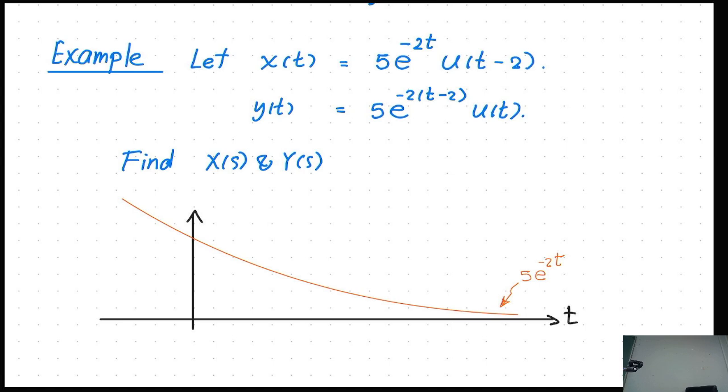So we locate time 2, let's say it's here, and the graph of x should be this orange line. Now this is x. Can you see?